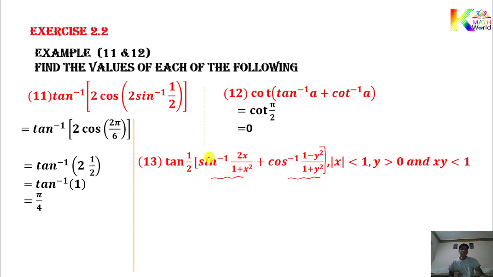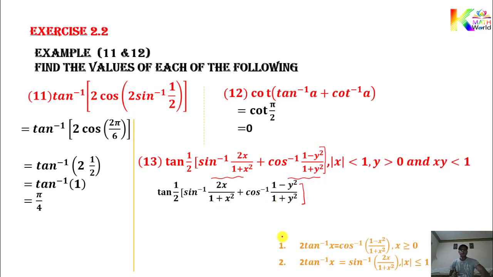What is the direct formula for this one? 2 times tan inverse x. Same way, the formula for this is 2 times tan inverse y. Here also a bracket is missing. So tan of 1 by 2 as it is, sin inverse of this one. This is your question.